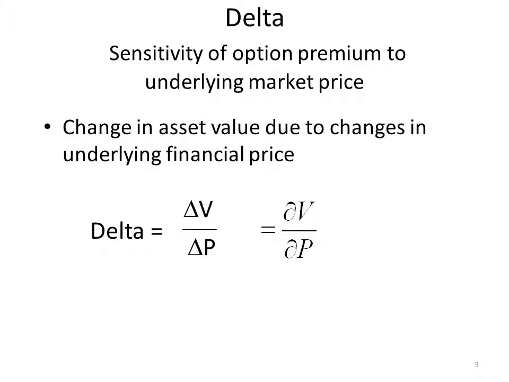From the calculus, you will remember that as we approach a limit wherein the change in the underlying security's market price approaches zero, we translated delta V over delta P into dV dP.